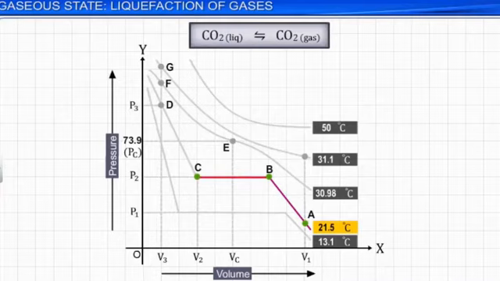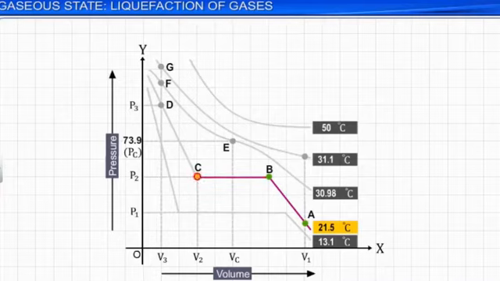At point C, the liquefaction is complete, and the increase in pressure has little effect on the volume. This is because liquids are much less compressible. So, a steep curve CD represents only liquid carbon dioxide.